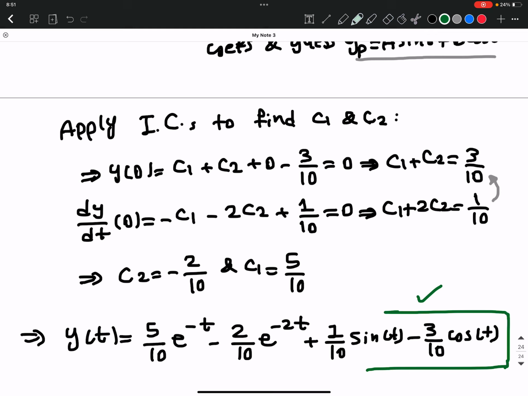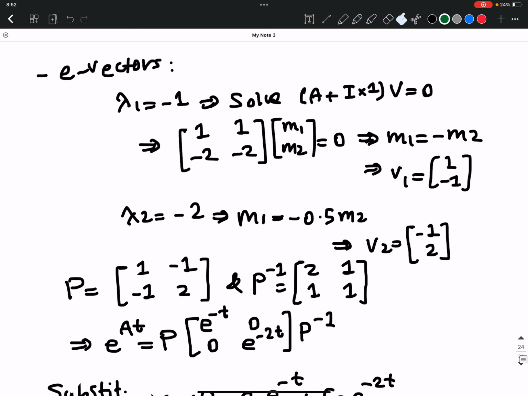Okay, so let's review what we did in this lecture and talk a little bit in general about ODEs and what we found.